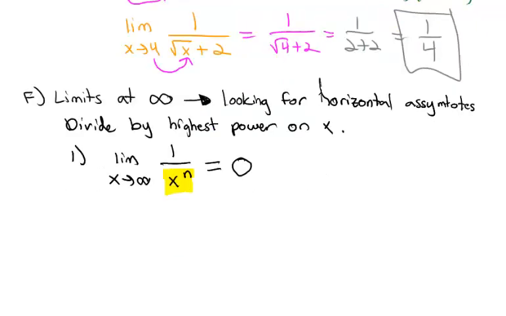Okay, so we're going to combine these two concepts together. We're going to divide by the highest power on x, and 1 over x, that limit is 0.